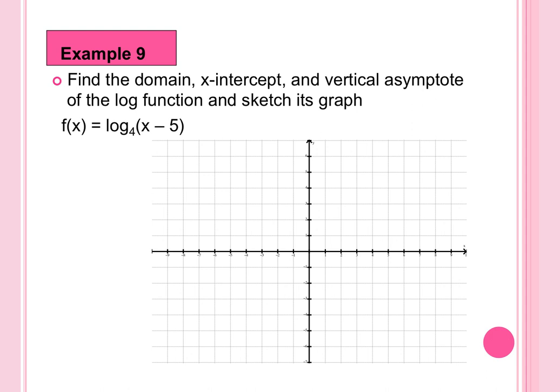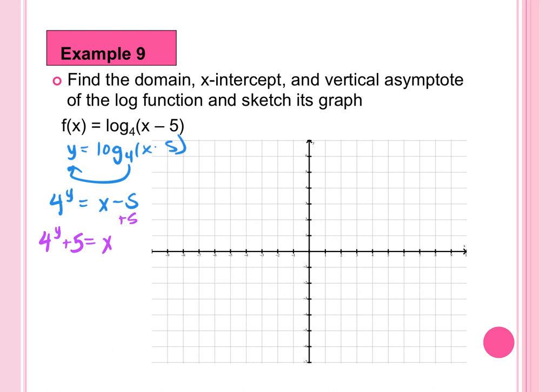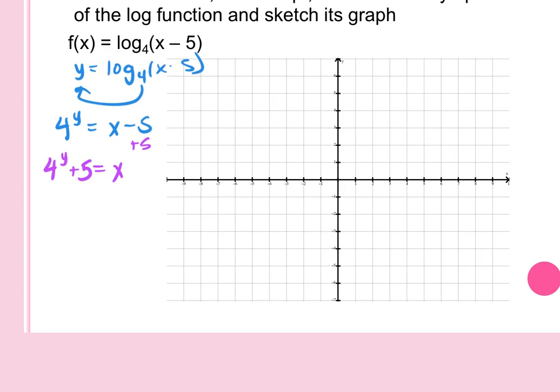You do this one. All right, so the first step is to change the f of x to y. Then the 4 comes over and picks up the y. So it's 4 to the y equals x minus 5. And then we're going to add the 5. So that 5 comes after we plug in for the exponent. Then we go exponent, then we plug in.